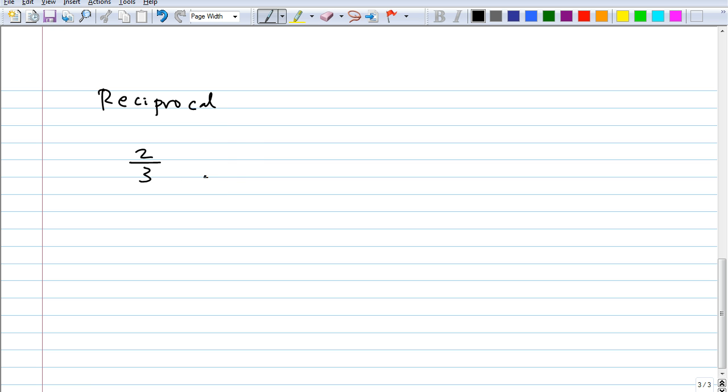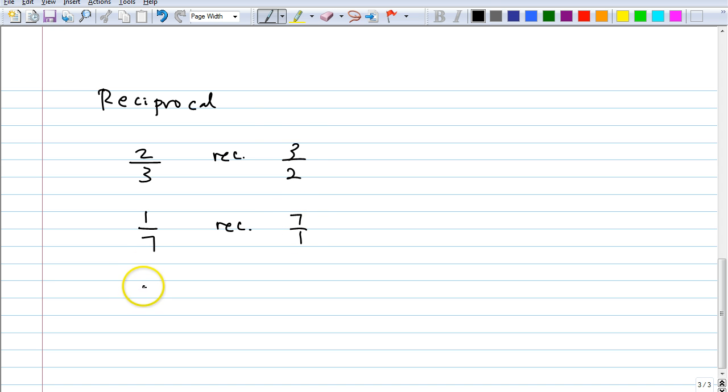Okay, Ariel? 3 over 2. Yeah, the reciprocal of 2/3 is 3 over 2. All you have to do is change the numerator and the denominator. Robert, what about 1 over 7? What's the reciprocal of this one right here? 7 over 1, which is just 7. You could write 7 over 1 or 7.